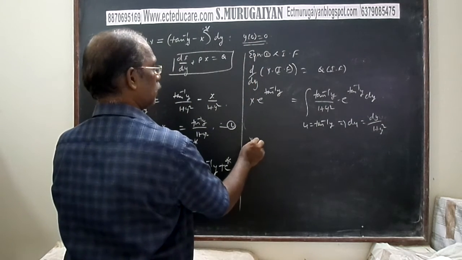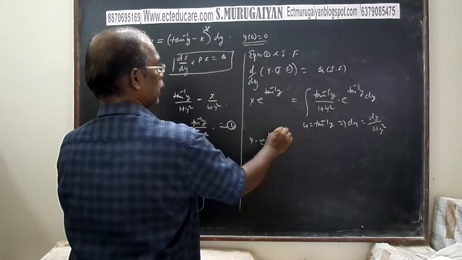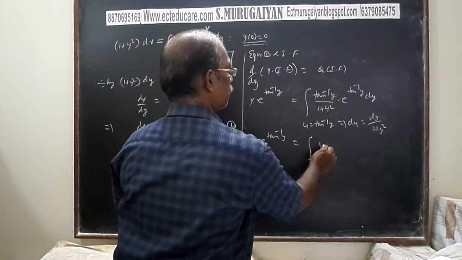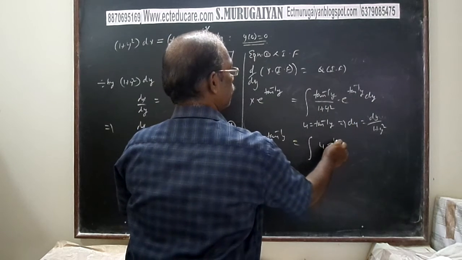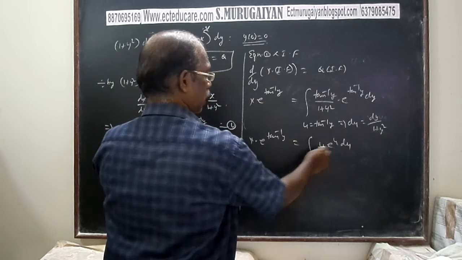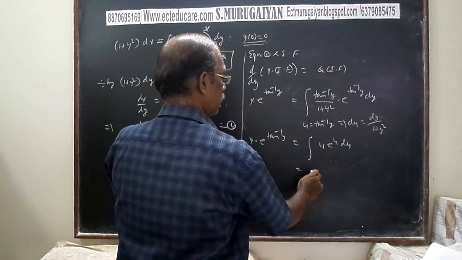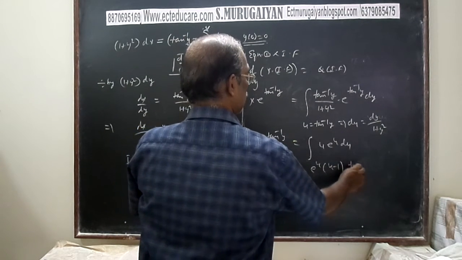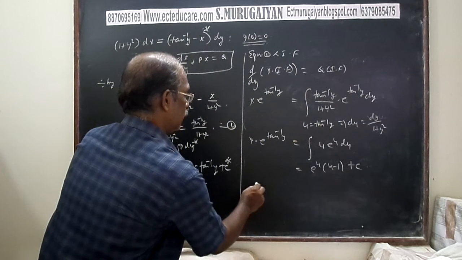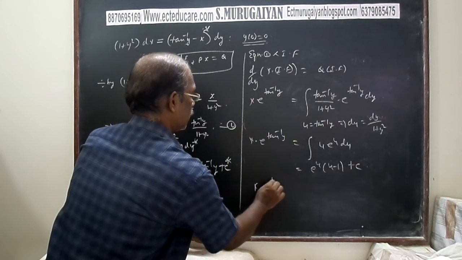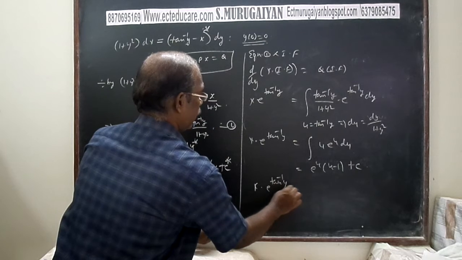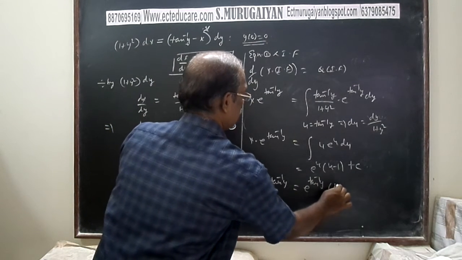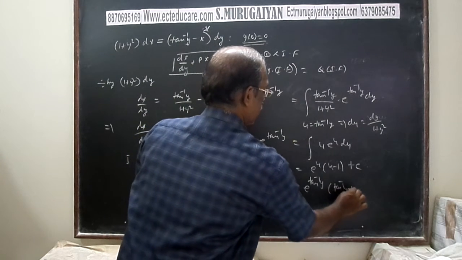So x into e power tan inverse y equals the integral of u e power u du. Apply integration by parts: e power u into u minus 1, with the integration constant. Then x into e power tan inverse y equals e power tan inverse y into tan inverse y minus 1, plus c.